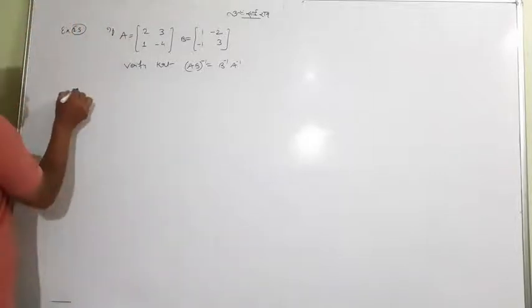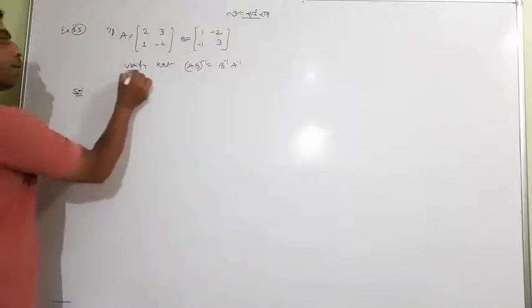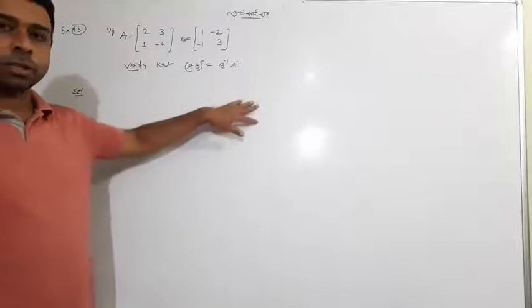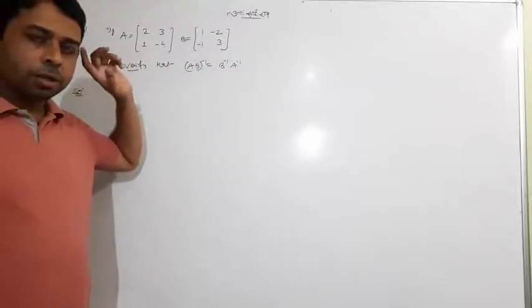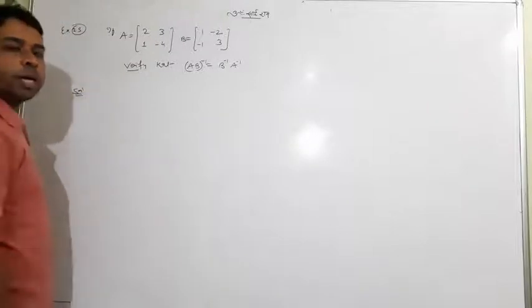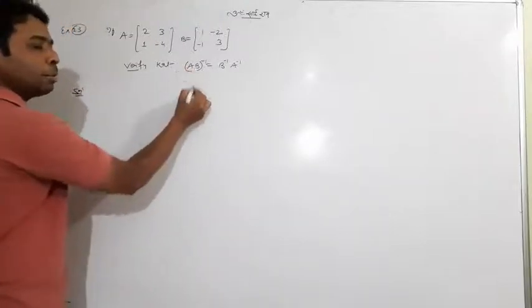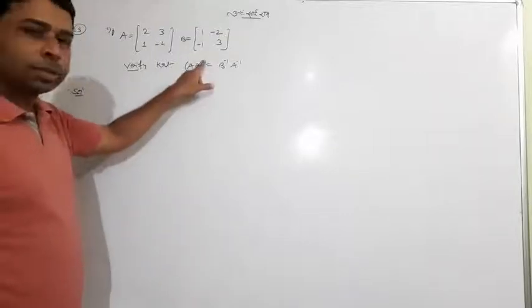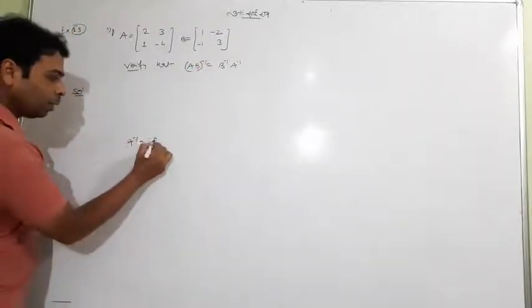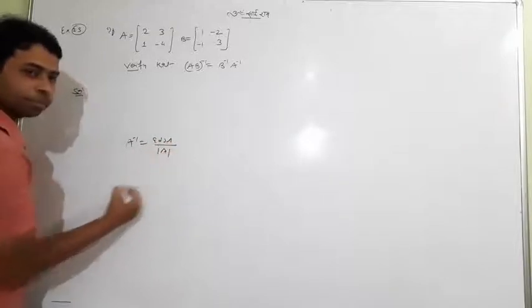So what the question says is you have to verify, meaning you have to go LHS and RHS. What is LHS? AB whole inverse. What is the meaning of AB whole inverse? First of all, you have to multiply A and B. This will be a new matrix. Then find its inverse. Is A inverse equal to adjoint A upon determinant A?